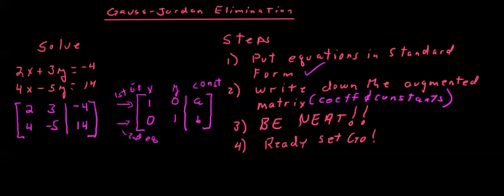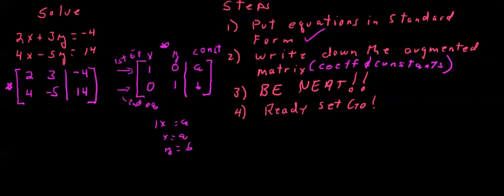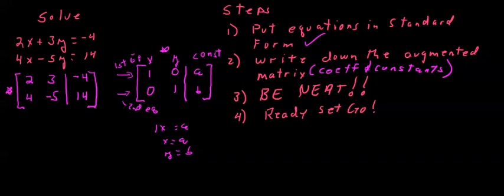So if we can manipulate this right here to look like this, then we would have 1x plus nothing equals a, or x equals a, and likewise we would have y equals b. So we're going to use basically nothing more than elimination. It's going to look really like elimination.